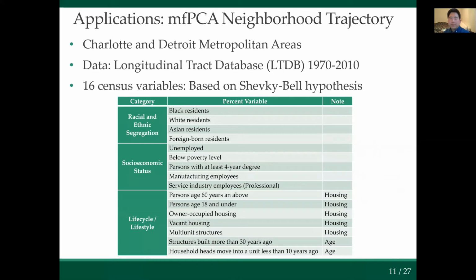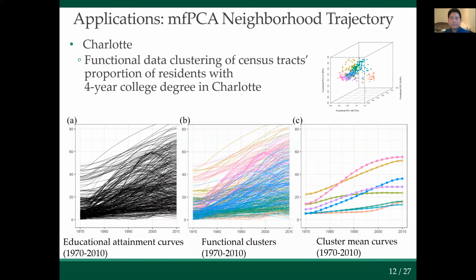For the experimentation, I apply my new neighborhood trajectory model to census tracts of Charlotte and Detroit metro areas. Using 16 variables shown in the table, I constructed 16-dimension neighborhood curves and applied my new model to the functional data. This is the curve of the educational attainment in Charlotte metro area.